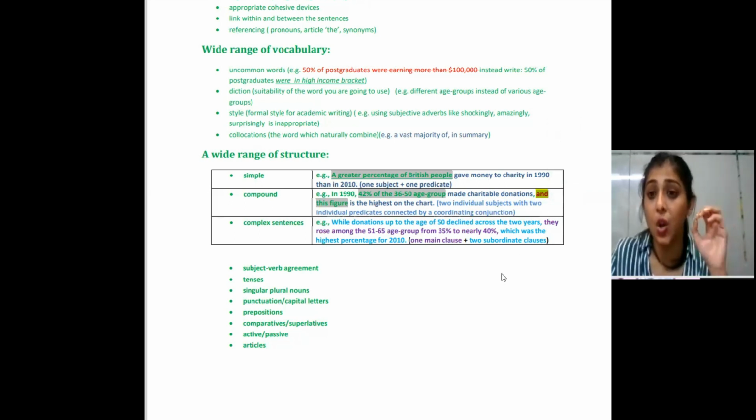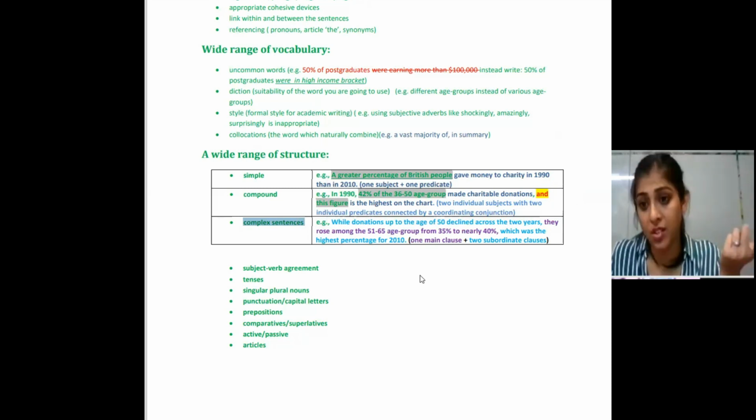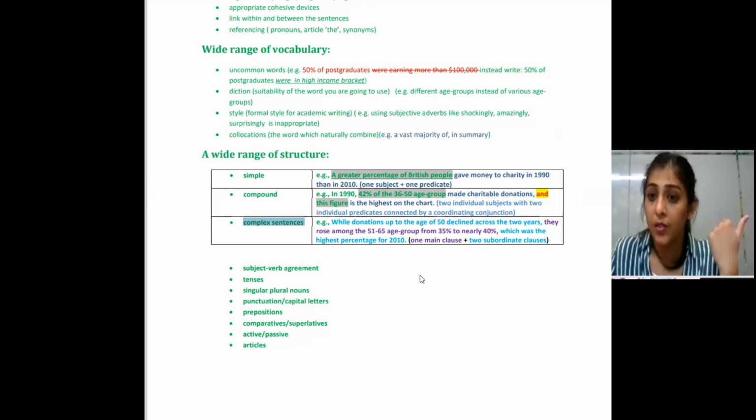Now the next is the complex sentence. A complex sentence is a sentence with one main clause and one or more subordinate clauses. For example, here, now what is a main clause?